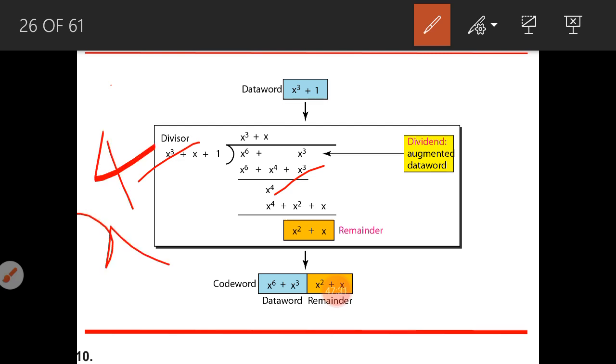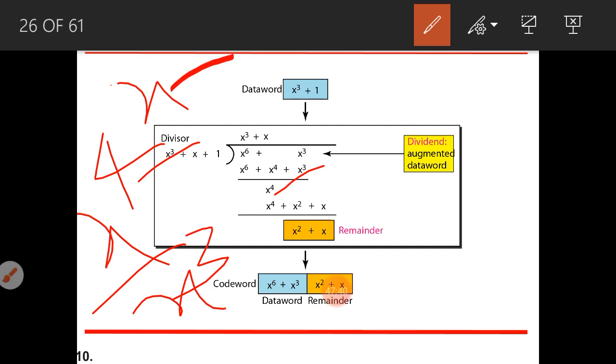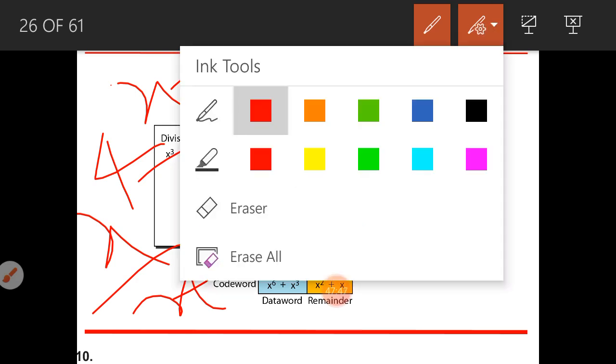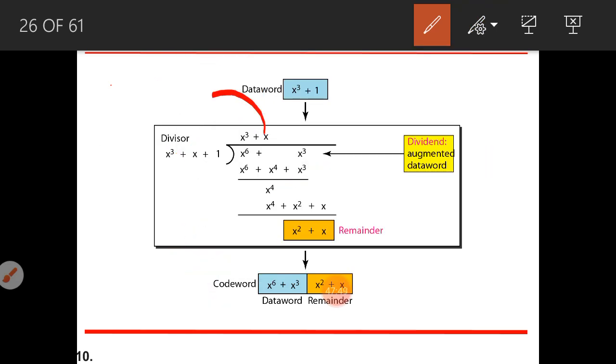That is x raised to 4 divided by x raised to 3, so we subtract the powers and get the value x, and that x we use as the second quotient.